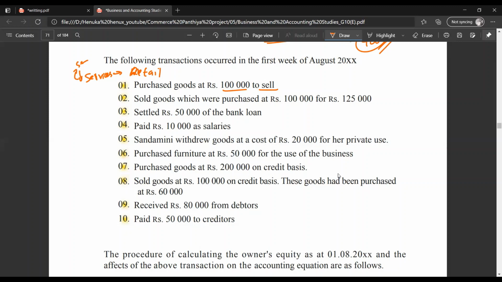The small shop sells what they buy. So as their first transaction, they have purchased 100,000 of goods to sell.